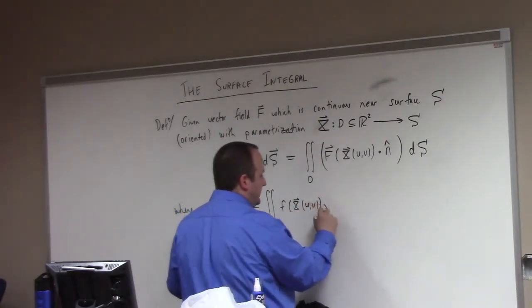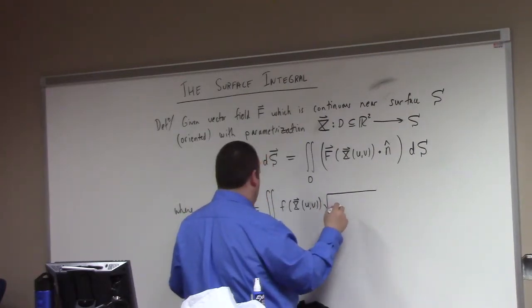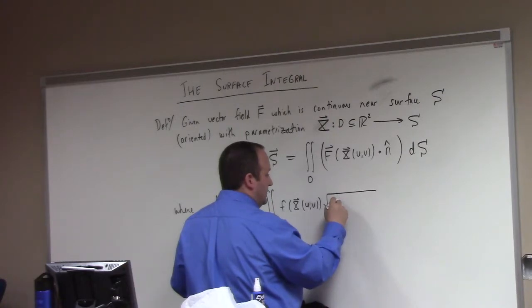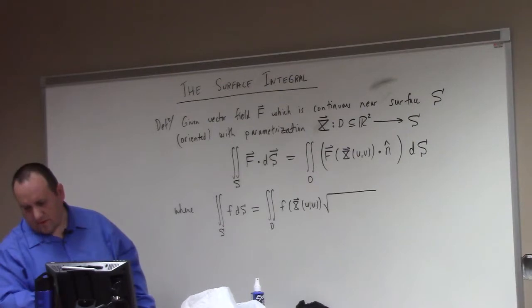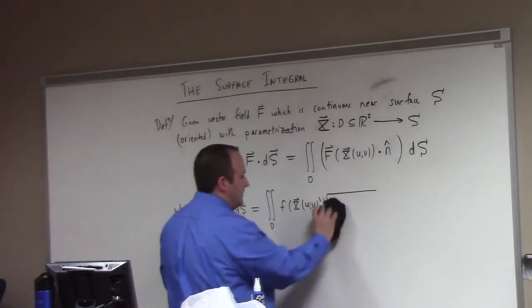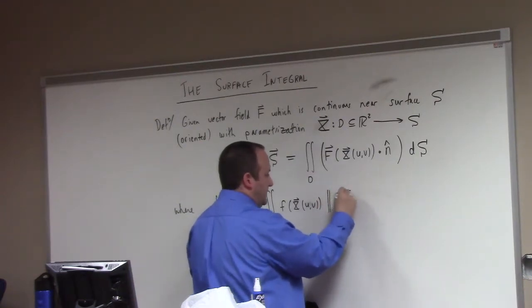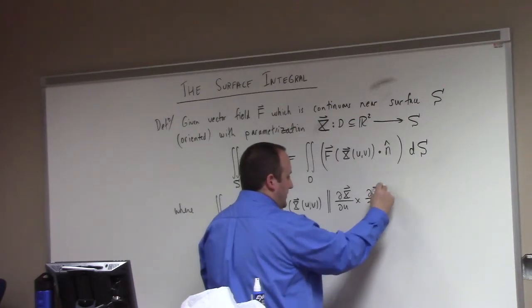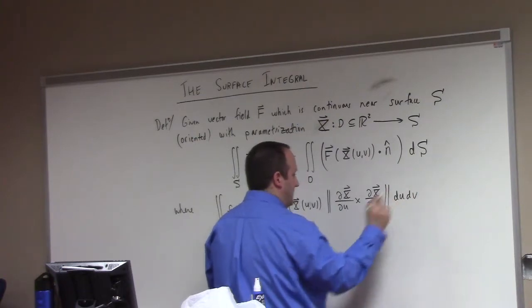Well, dS is the square root of... oh yeah, I'm sorry, forget the square root. We should just say the length of partial X, partial u cross partial X, partial v. We could write du dv here if you like.